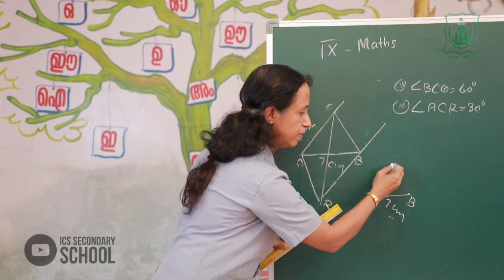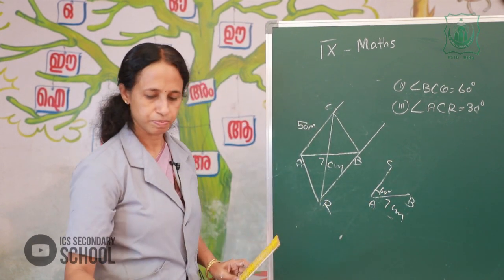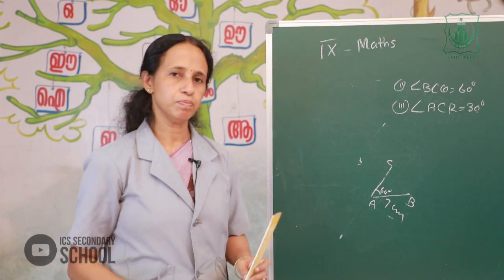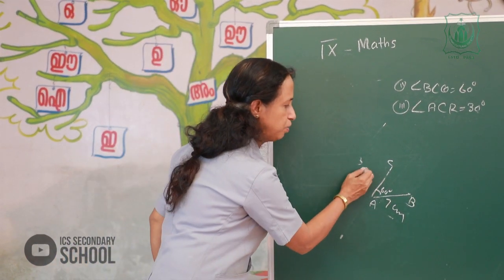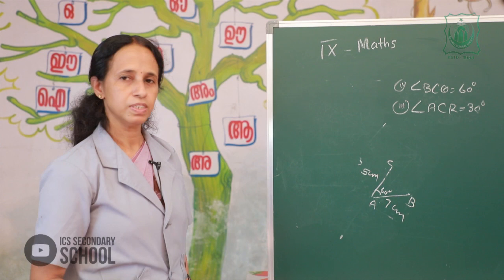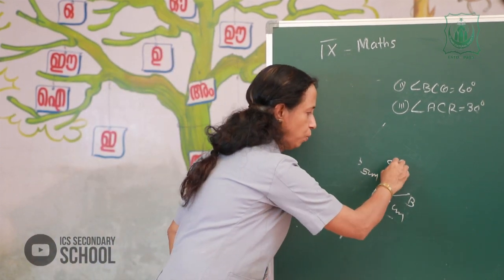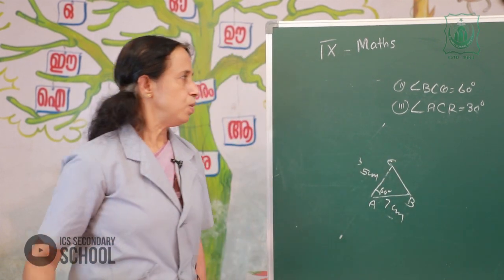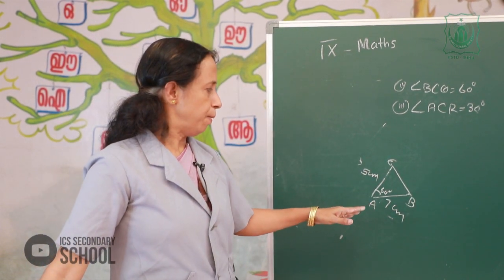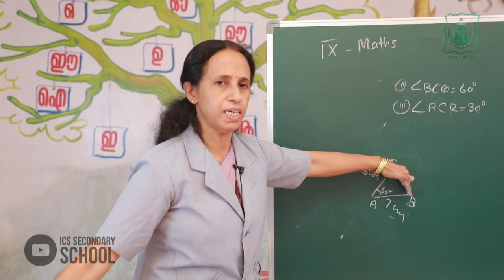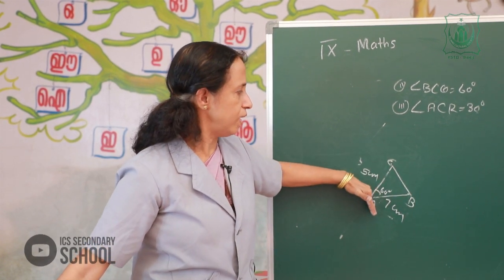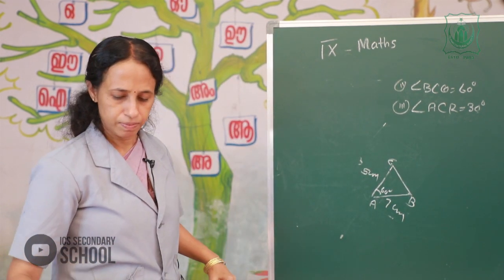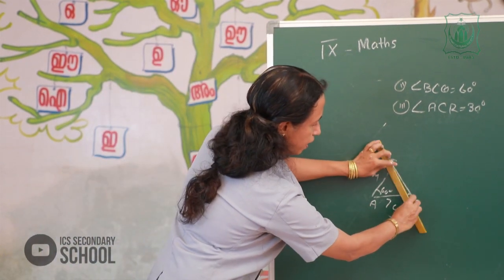This ABC, 60 degree. This side of 5 centimeter. Connect C to B. Triangle ABC is formed. Draw a line parallel to BC through A.